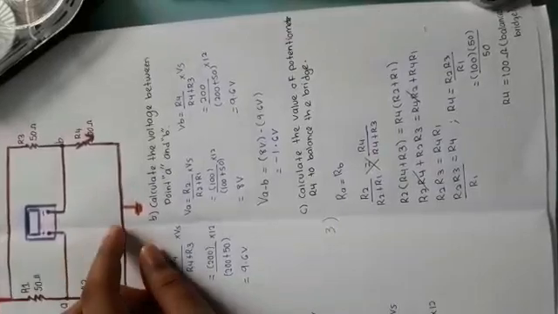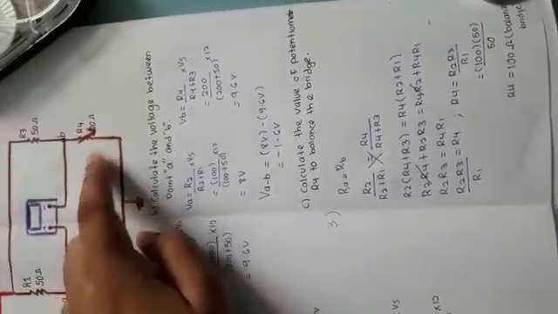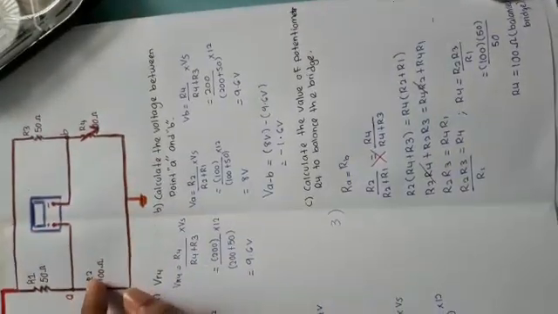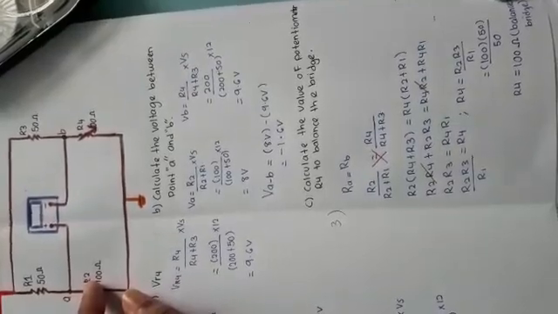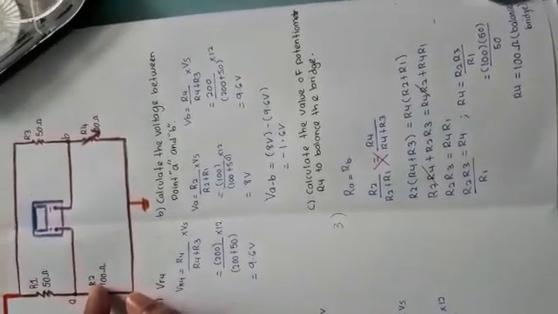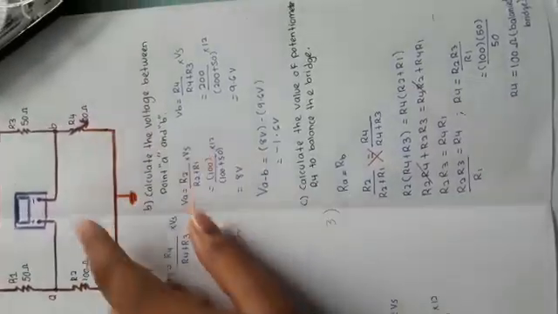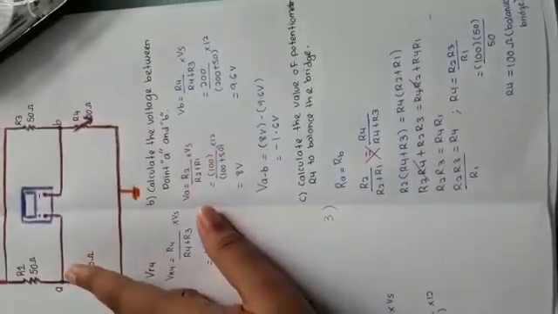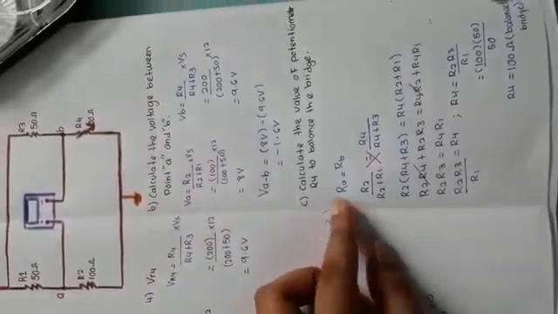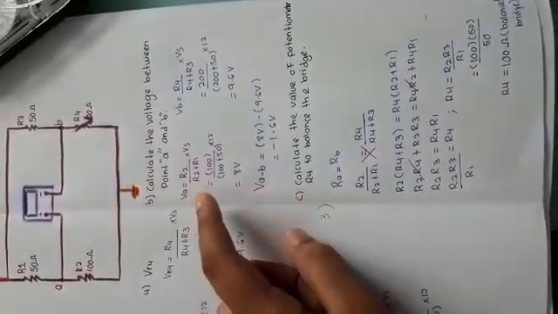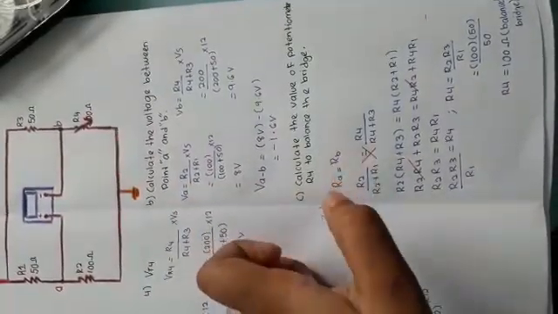So the last question is to calculate the value of the potentiometer to balance the circuit. The question asks what the value of R4 should be to balance the circuit. So I use this formula: RA and RB are the same, RA equal to RB. I take the RA value and RB value and cross multiply.